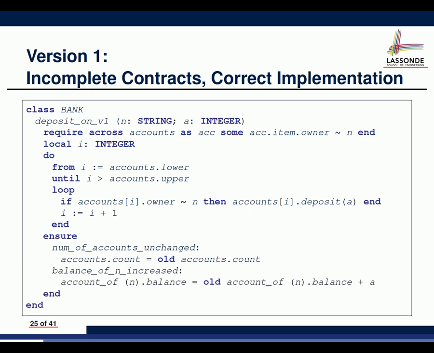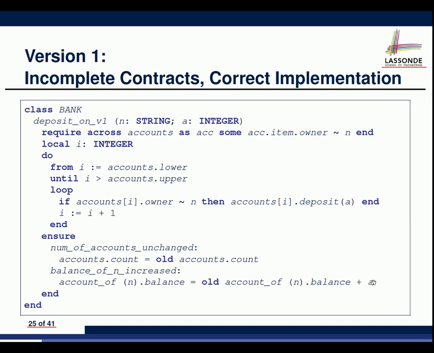And the second one, remember the accounts_of feature that we just talked about? Let's say, for example, we call deposit_on V1 with Steve and $100. So what I'm doing here: the new balance for Steve must be equal to the old balance of Steve's account plus A. The old version for Steve plus A.